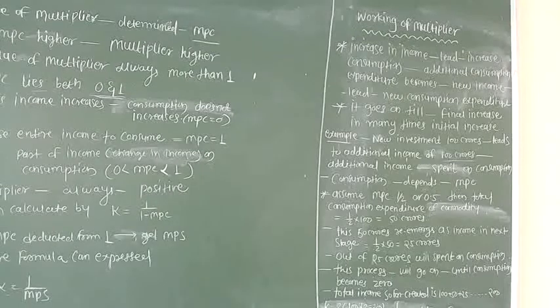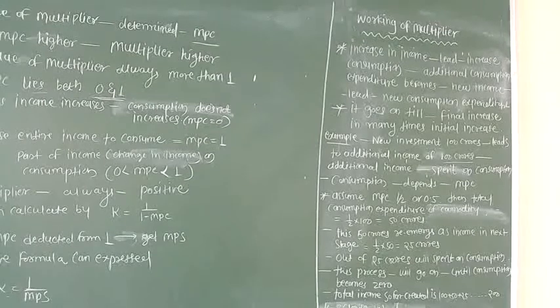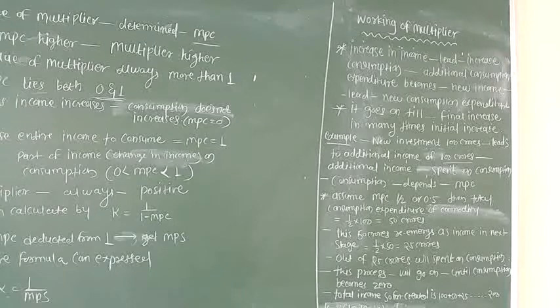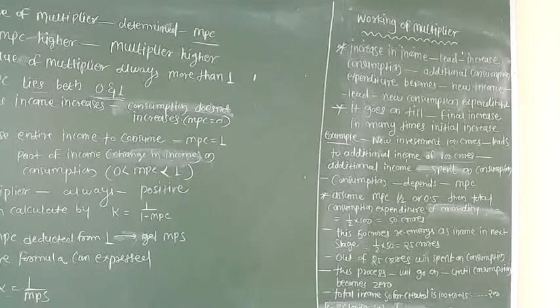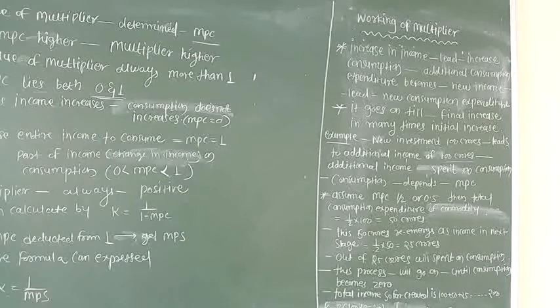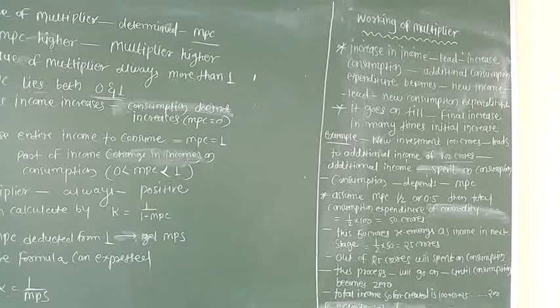In your examination, this question may be asked for 4 marks: explain the multiplier mechanism with the help of an example. At that time you should first write what the multiplier is, means it is the ratio of the total change in income to the initial change in investment.